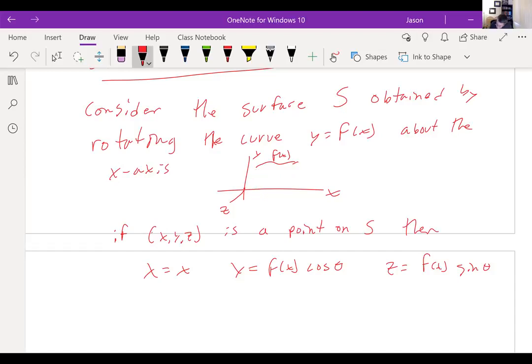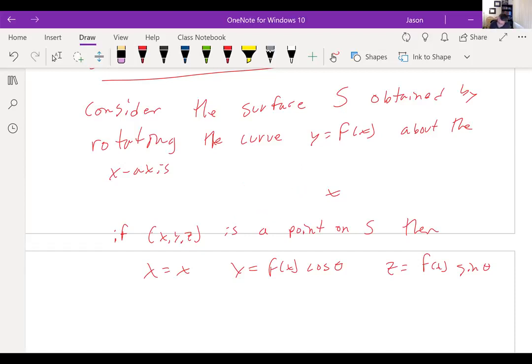Not like my drawing here. I still don't like my drawing.